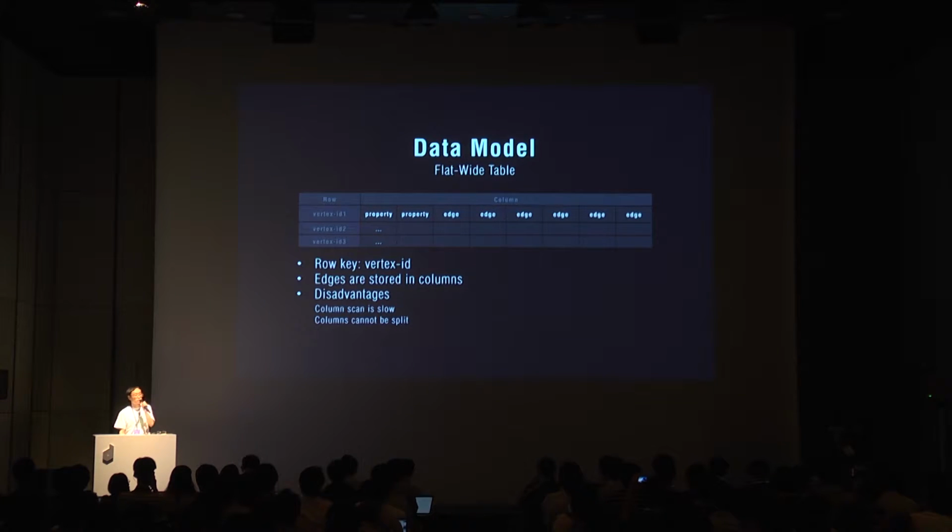The problem with this model is that it has to scan columns and that it is not possible to split columns. When too many edges are added to a row, the row will excessively stretch out, becoming the victim of a hotspot.